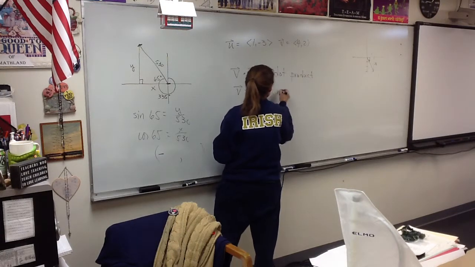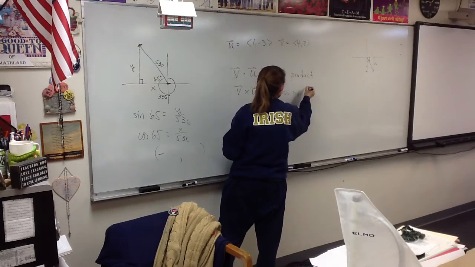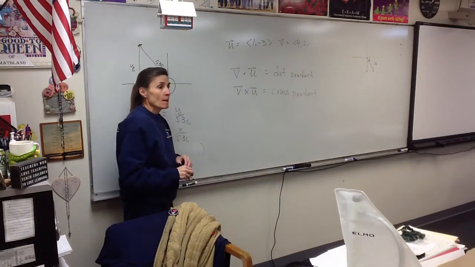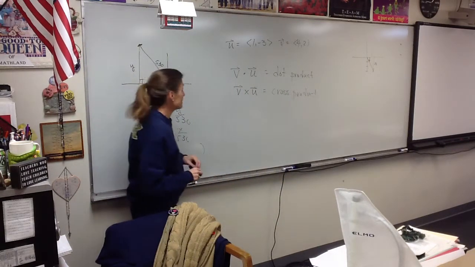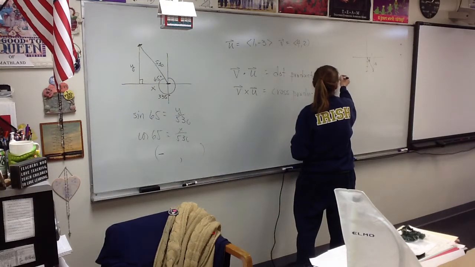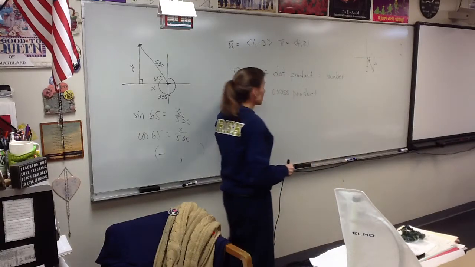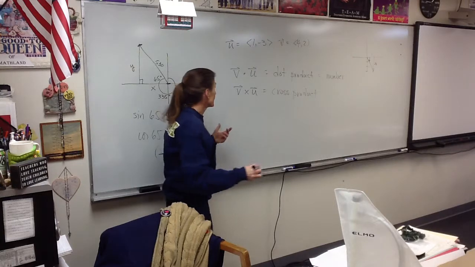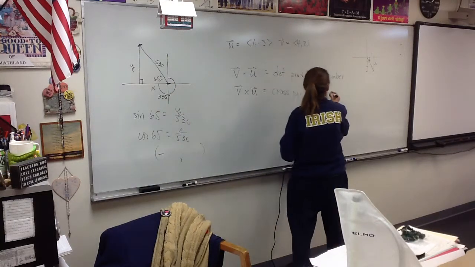And this is called the cross product, and they are different. The biggest difference is the dot product gives you a number, a scalar. So when I find the dot product of these two vectors, I'm going to get a number like 6. Just get a number. The cross product gives you another vector.